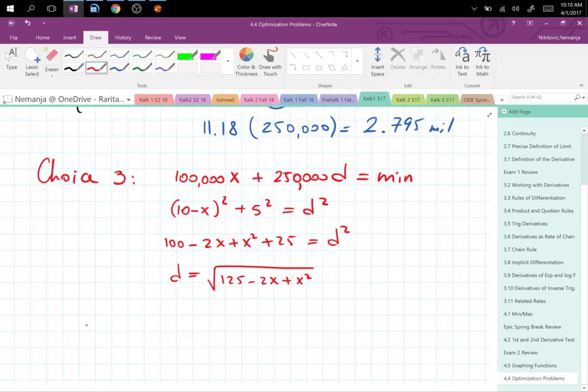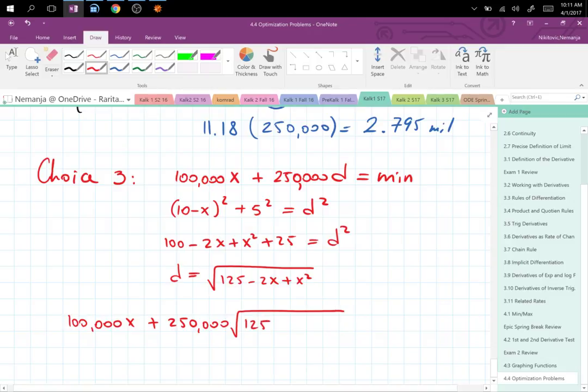So we have 100,000x plus 250,000 times the square root of 125 minus 20x plus x squared equals a minimum. And I hope you see that the entire equation is in terms of x. We hit this with the derivative and solve.